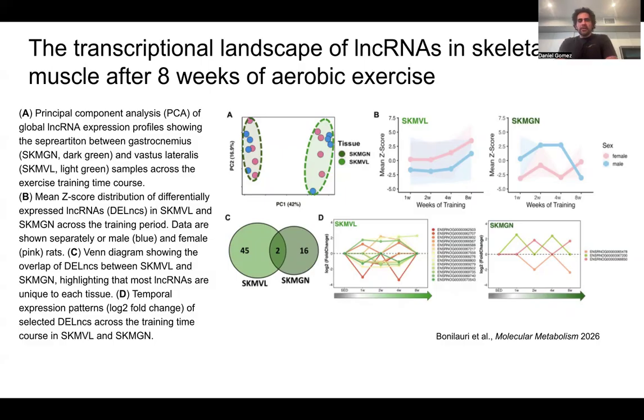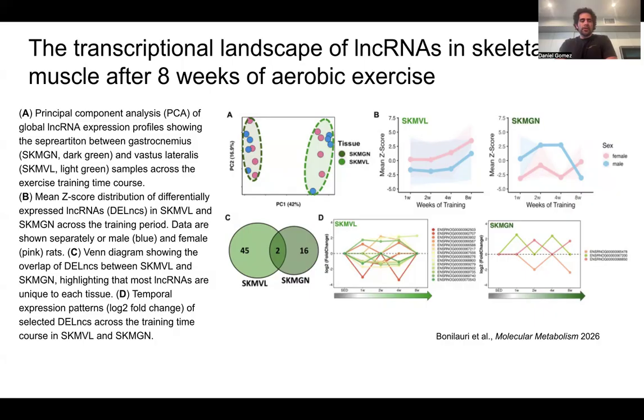And then for the skeletal muscle vastus lateralis and gastrocnemius here on the right, you can see the mean Z-score and weeks of training for males and females. We have a mean Z-score distribution of expressed lincRNAs, DELNICs, in SKM-VL and SKM-GN across the training period.